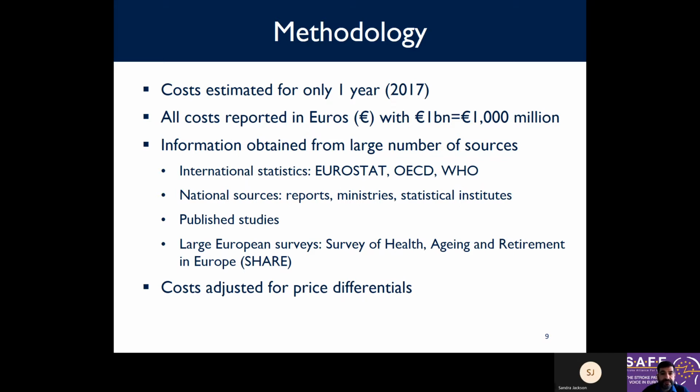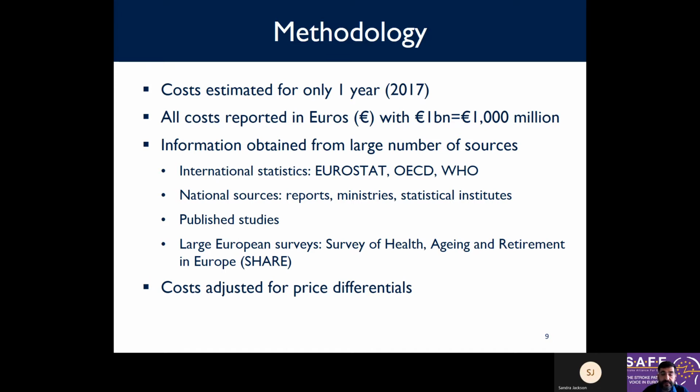All costs were reported in euros, with 1 billion euros equivalent to 1,000 million euros. We obtained information from a large number of sources, ranging from international statistics like Eurostat, OECD, or the World Health Organization, national sources such as country reports, reports from ministries, or reports from statistical institutes or data contained in National Statistical Institutes databases.